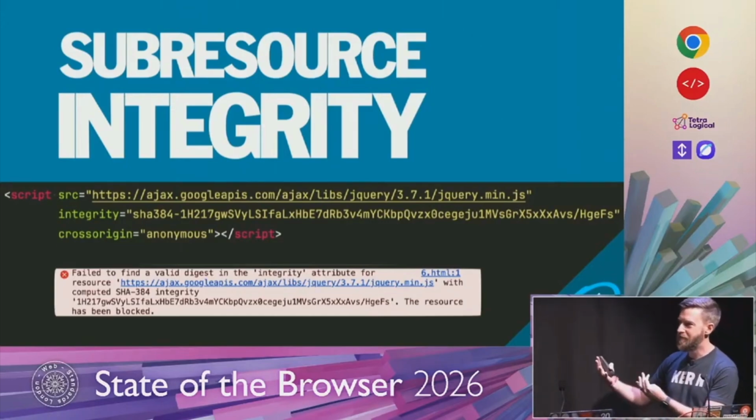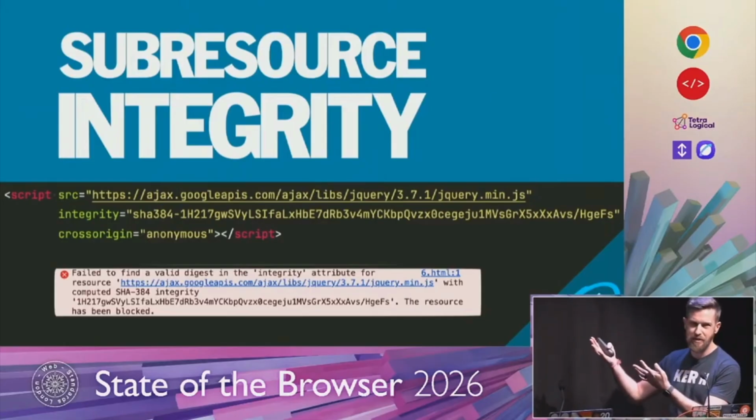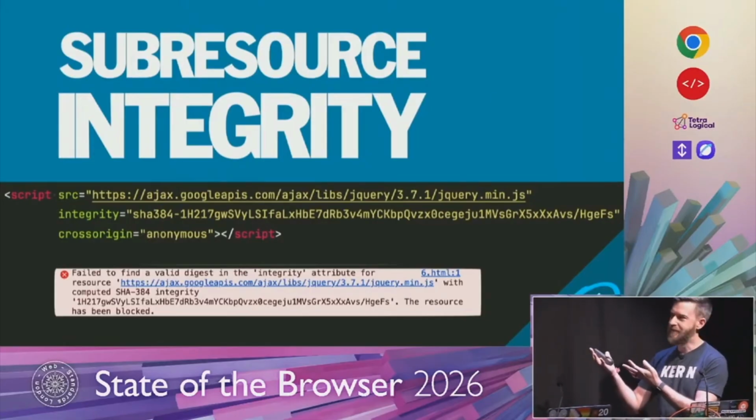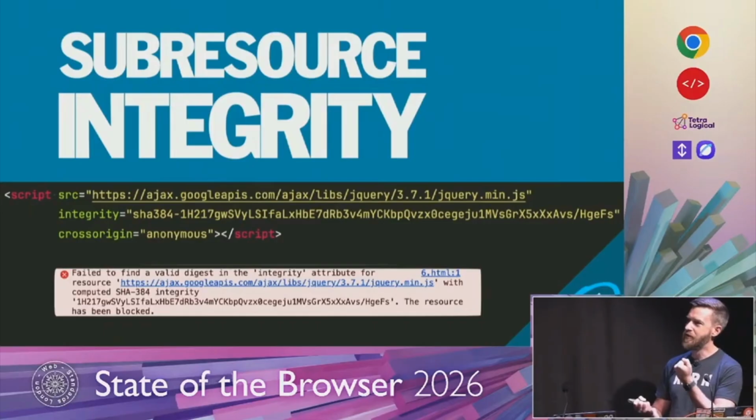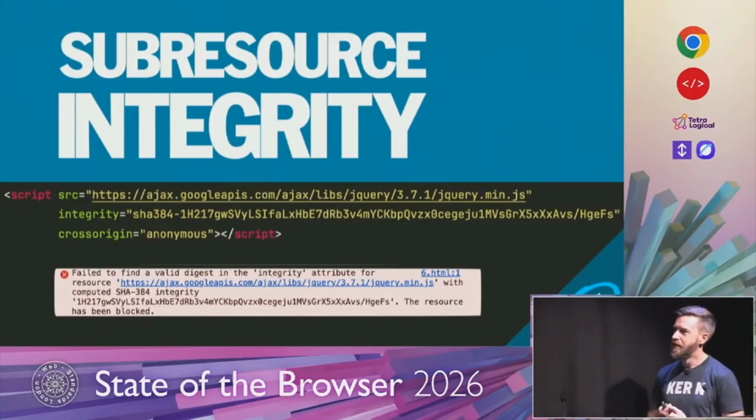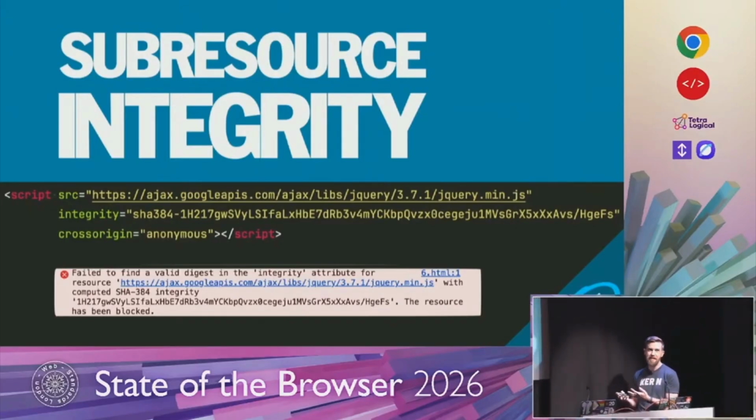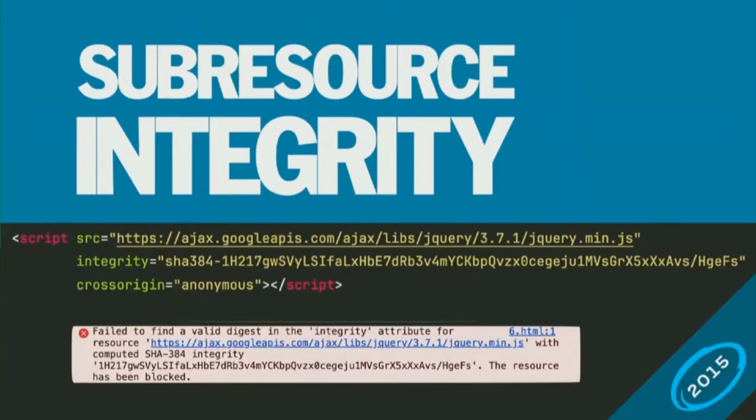CDNs started to realize that maybe not all of the URLs that they were using were immutable. So there became this sort of back and forth between the CDN, you should only use sub-resource integrity on immutable content, and CDNs started to maybe discourage using sub-resource integrity a little bit because they wanted a little bit more control over the content that was served, or if maybe they wanted to fix a security issue later.